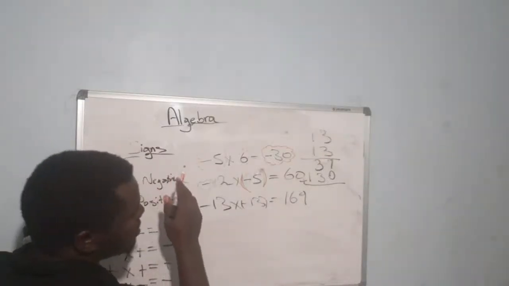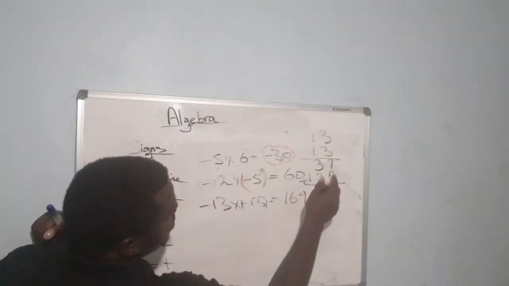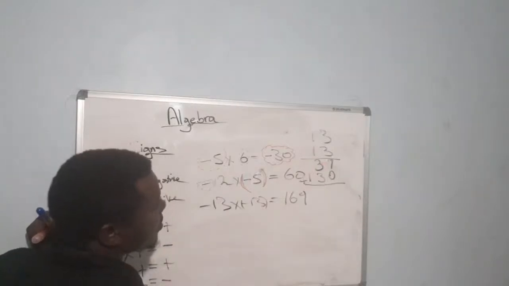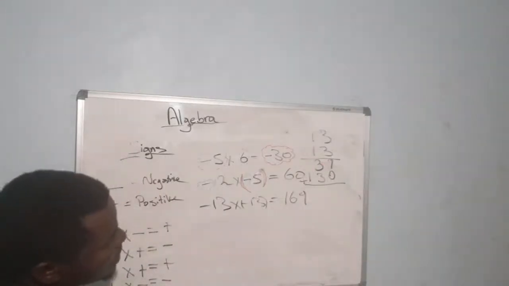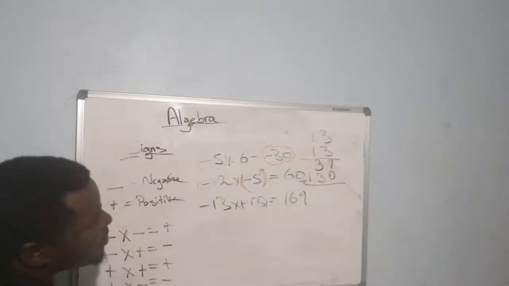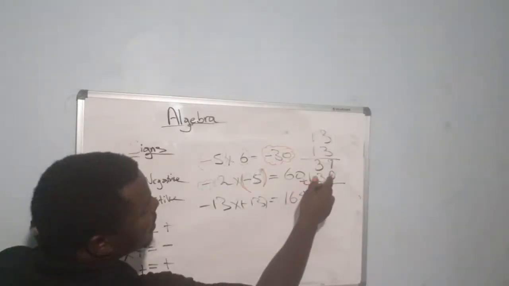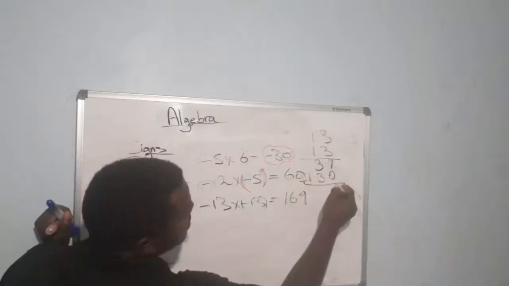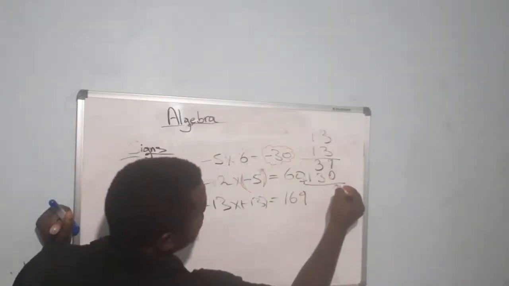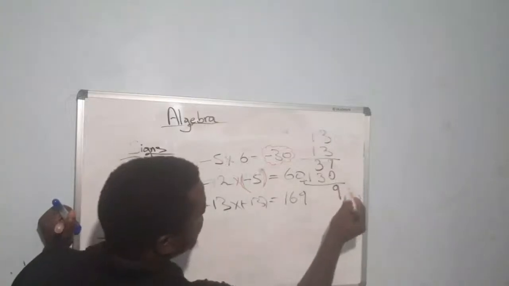Alright, according to the same rule, any number you add to 0 will result back in that same number. So 0 plus 9 is 9.